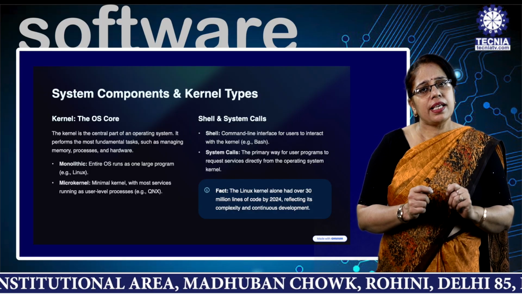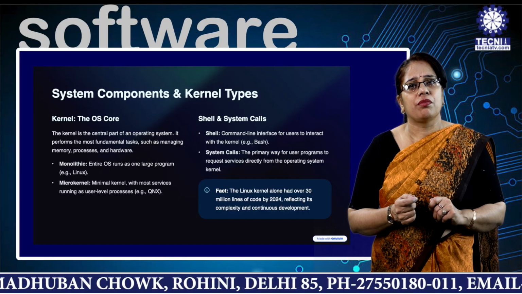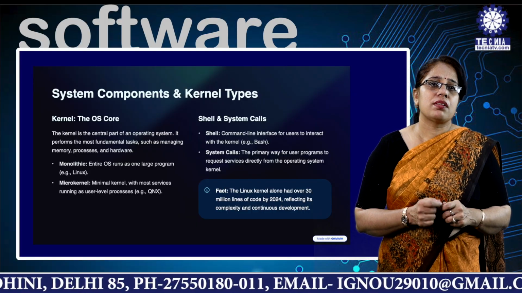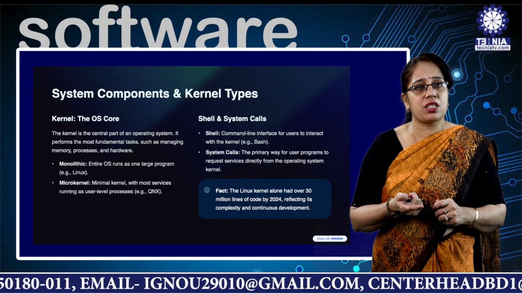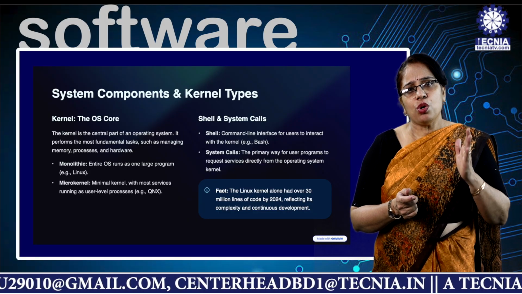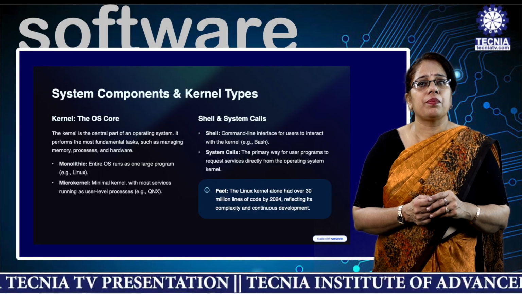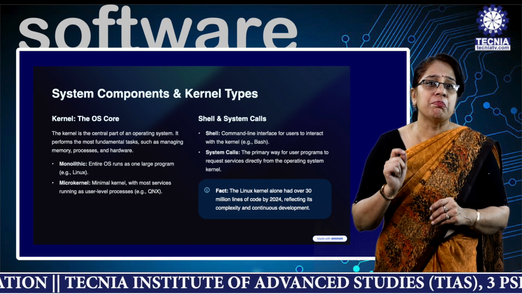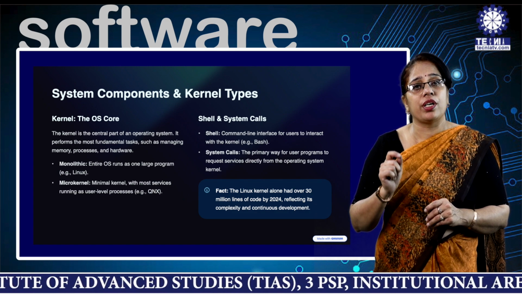Shell. Shell is one of the interfaces through which the user interacts with the kernel. For example, the bash shell. Next one is system calls. In this, the user requests services with the system call. So you must be very much interested in knowing some facts about Linux. The Linux kernel has 30 plus million lines of code, and this analysis was done in the year 2024.